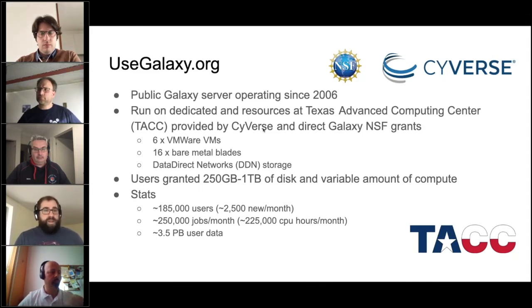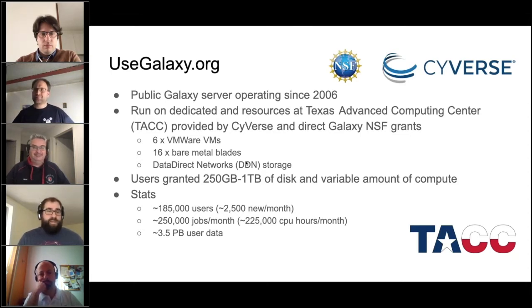So right now, it's essentially a collection of VMs that we use to run the Galaxy server, and then a small cluster of 16 bare metal nodes, and then a considerable amount of storage provided by DDN.